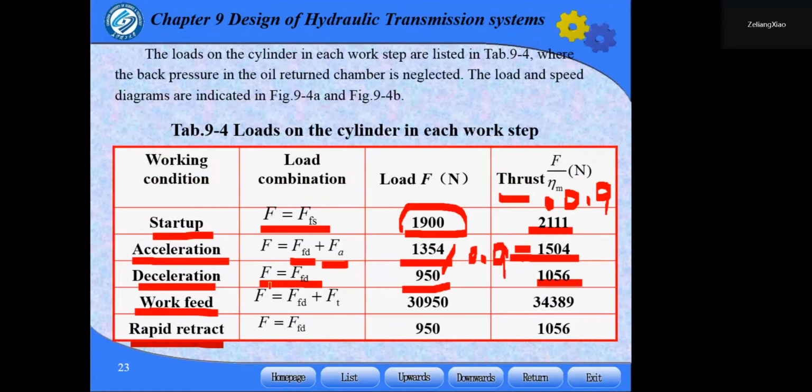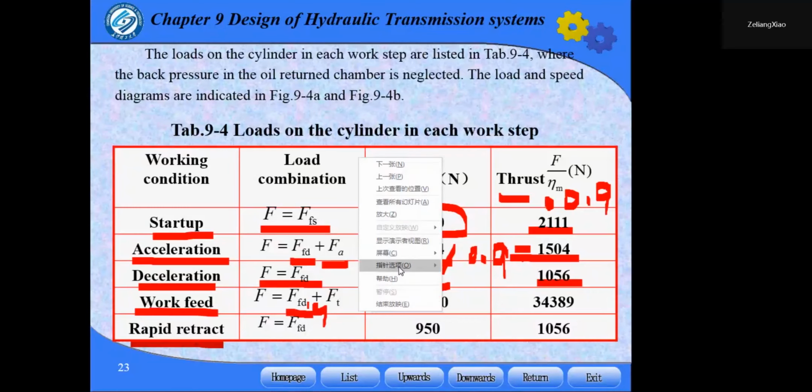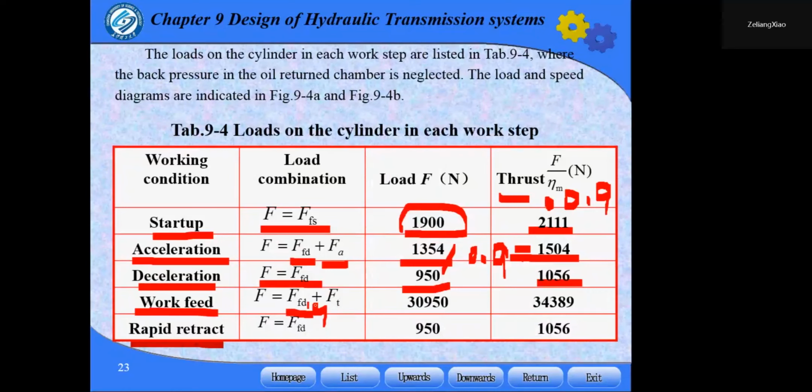In the working speed, firstly, we have the friction of motion. So this one is 0. This one is 950 Newton and equals Ft.